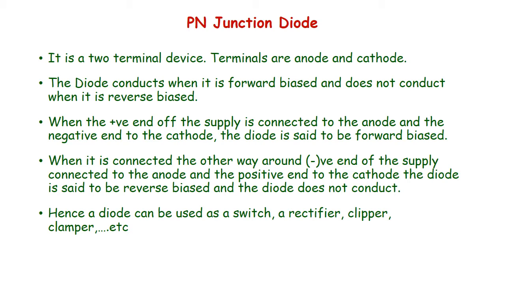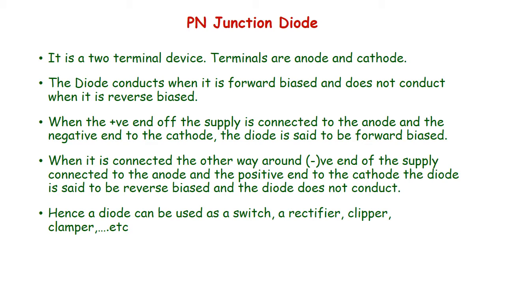One of the first devices you would have learnt about in solid state devices is a p-n junction diode. As you remember, a p-n junction diode is a semiconductor diode made of a p-type semiconductor material and an n-type semiconductor material, and it has two terminals, the two terminals being anode and cathode.